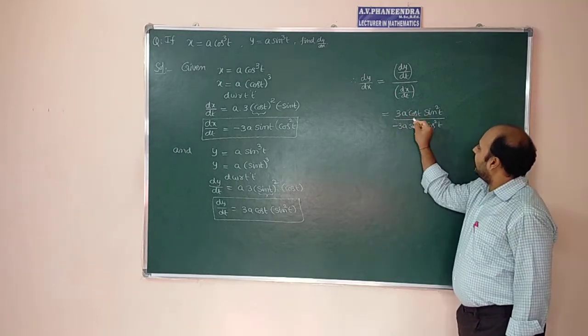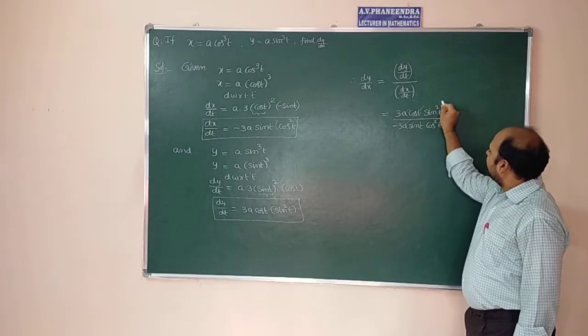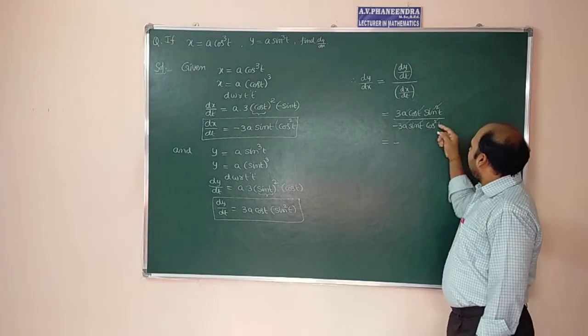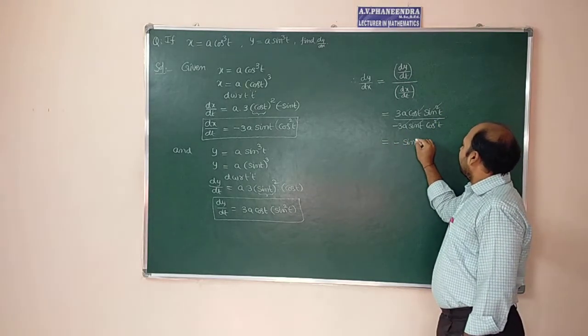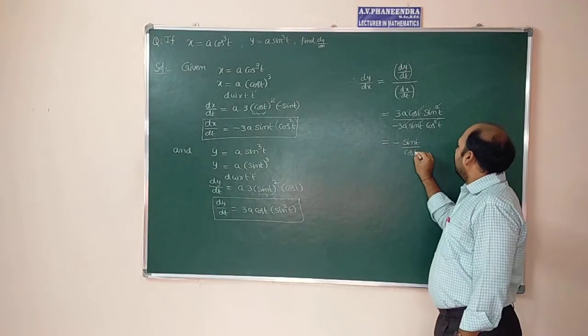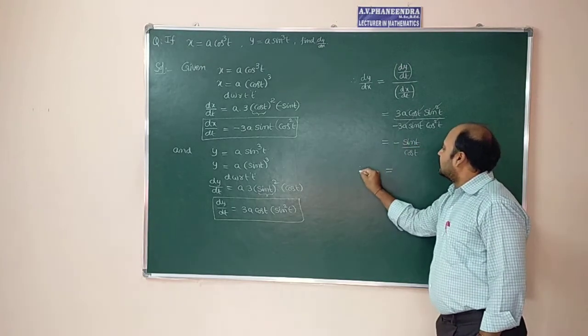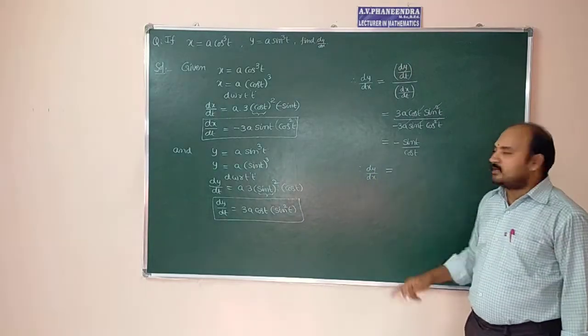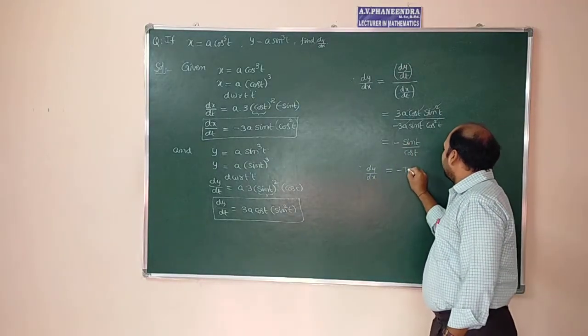So 3a gets cancelled, one of the cos t cancelled, one of the sin t cancelled, which is equal to minus sin t by cos t, which is equal to dy by dx. Sin by cos is tan, therefore minus tan t.